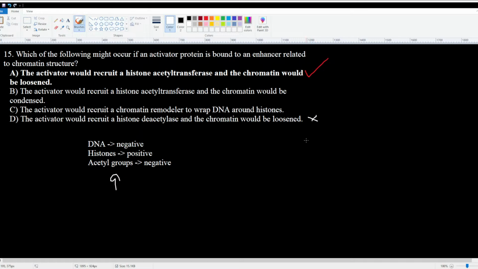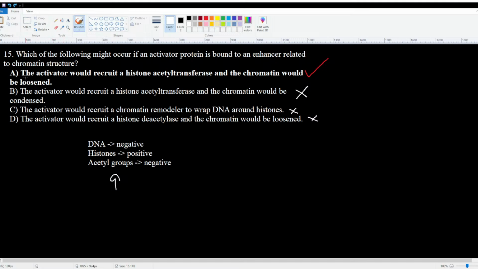Now C is asking, the activator would recruit chromatin remodeler to wrap DNA around histones. Well, I don't think those exist. I don't think we went over chromatin remodelers, so don't worry about that one. B is saying the activator will recruit histone acetyltransferase, and the chromatin will be condensed. Like we said, chromatin loosened is our final objective, so we don't care about condensed chromatin.